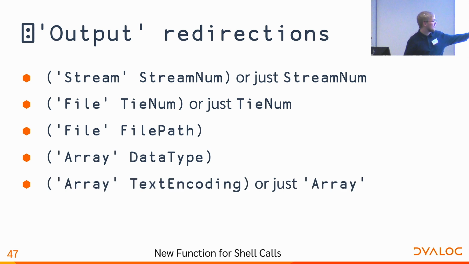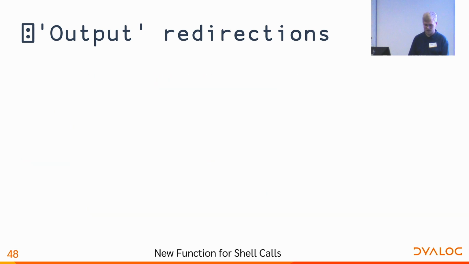Or you can collect it as an array and specify some text encoding, so as an array of UTF-8 text, and that would be lines of text. Or if you just give it an array without an encoding, it will try to guess the encoding based on the data. Or you can redirect to null, which means it disappears.